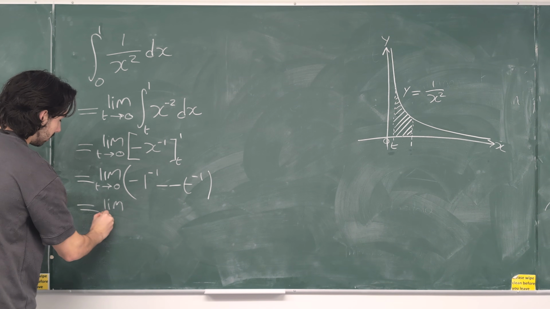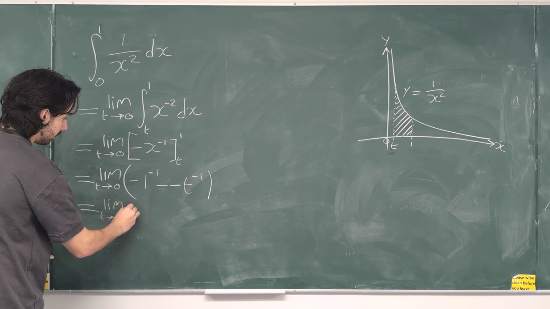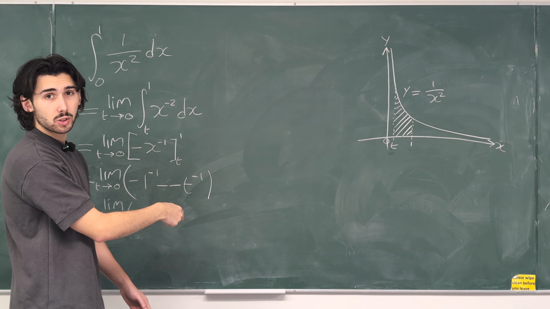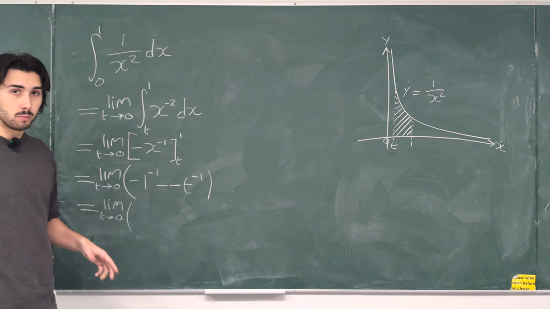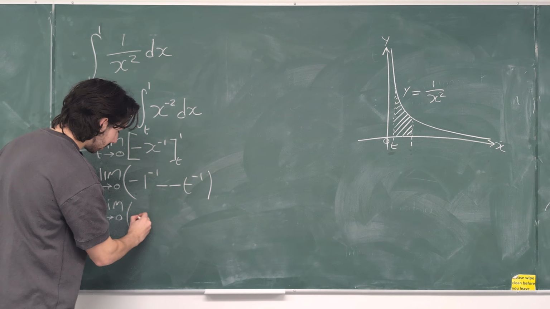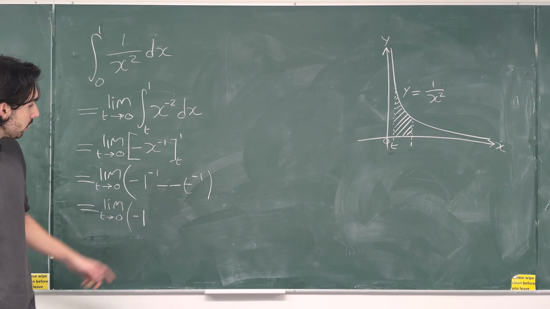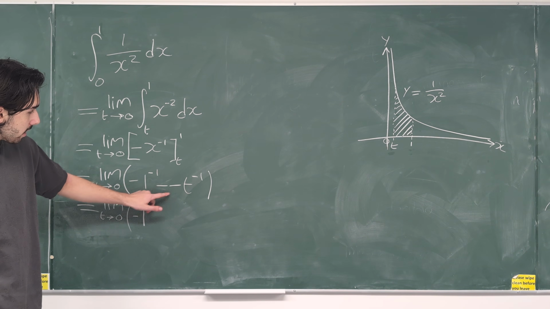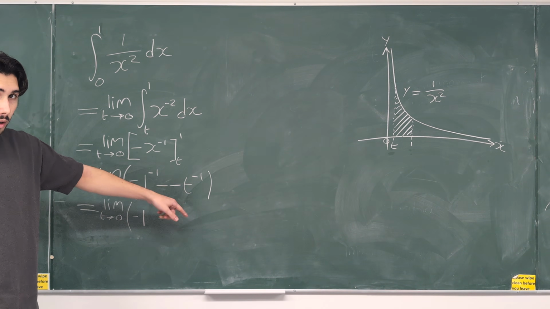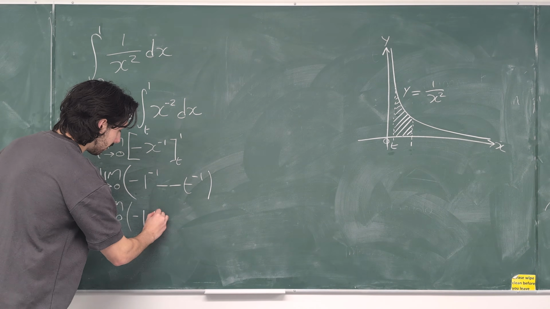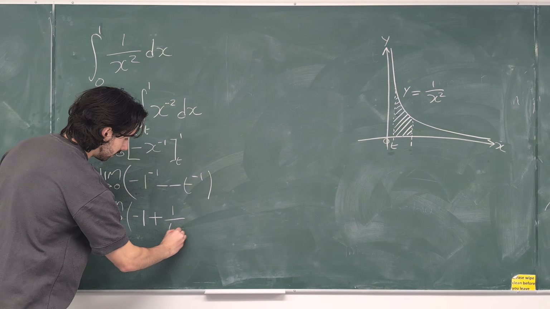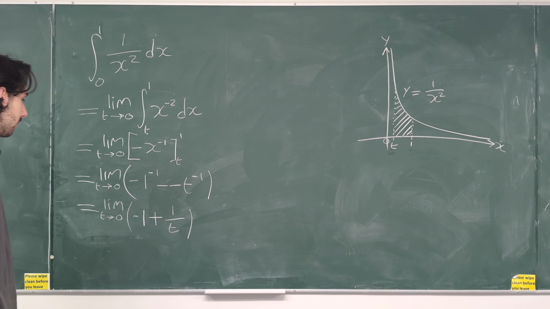So we have the limit as t goes to 0 of, well, 1 to the minus 1 is just 1, and minus that is minus 1. And then we have a plus, because minus minus, t to the minus 1. t to the minus 1 is 1 over t. So we have plus 1 over t, like that.